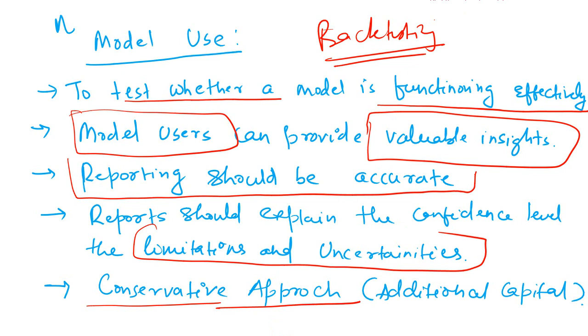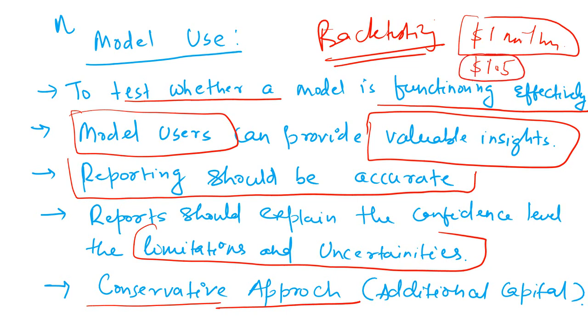For instance, when it comes to loss forecasting, let's say the model says that a particular bank is going to make $1 million of loss. Okay, so the money that a bank should hold to avoid bankruptcy is $1 million. However, a conservative approach would be that the bank should hold a minimum of $1.5 million as cash reserve to avoid bankruptcy.